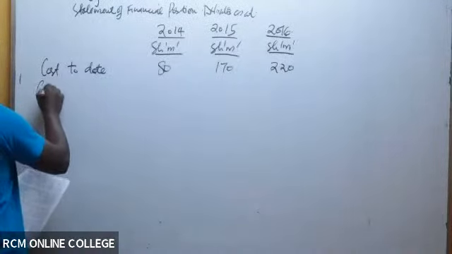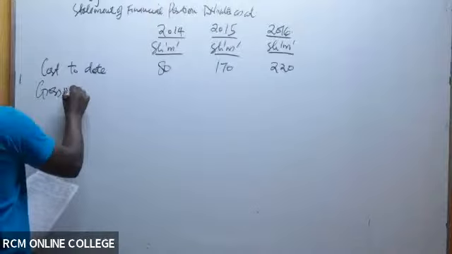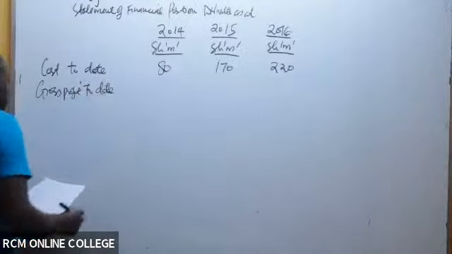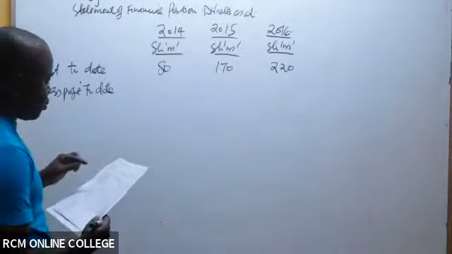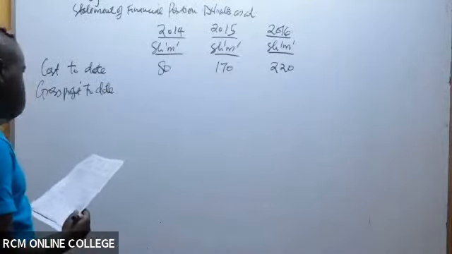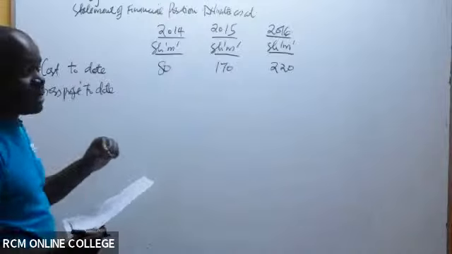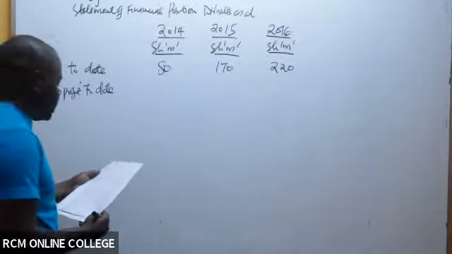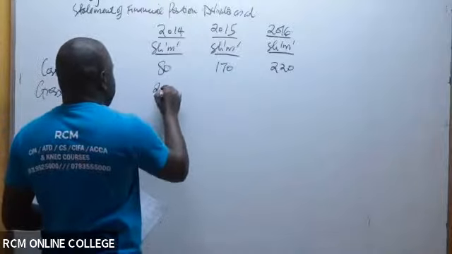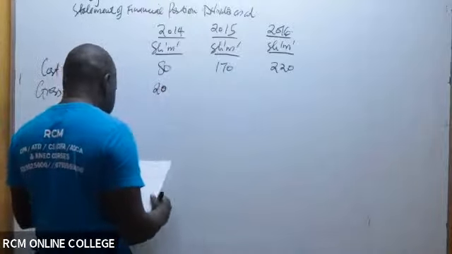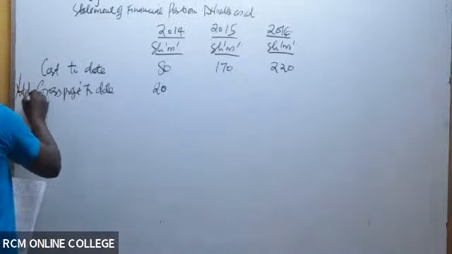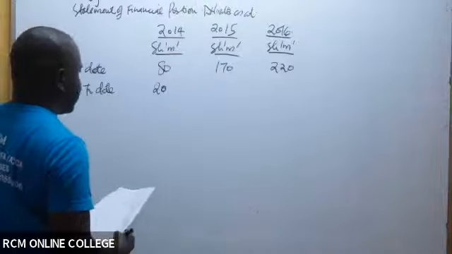The gross profit to date is what you've realized as the gross profits in the income statement. If you look at the income statement we've just computed, the gross profit for the year 2014 was actually 20. So this one you add.